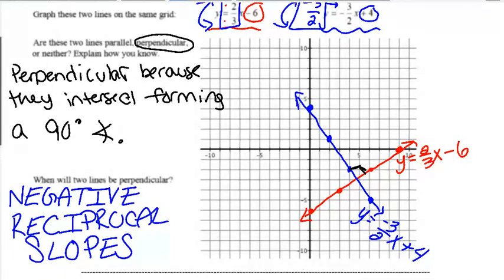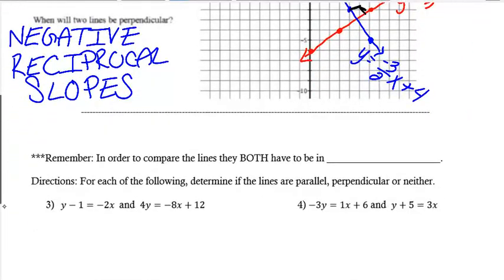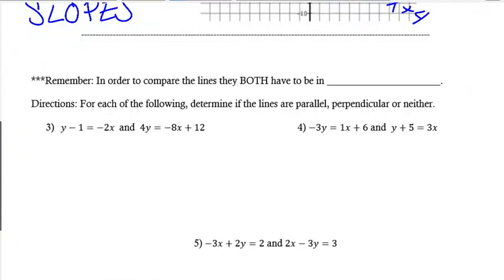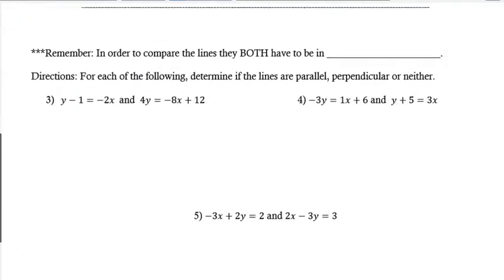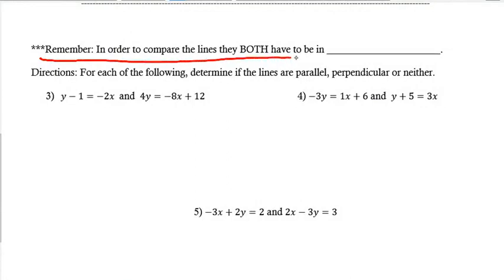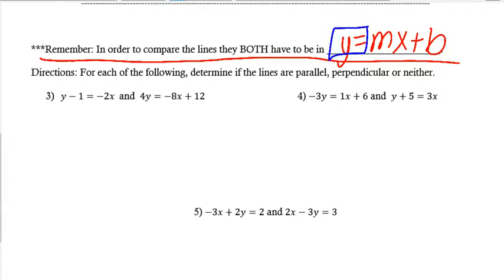So you can do this without graphing, just by looking at the equation. But remember, when you're just looking at the equation, in order to compare, they both need to be in y equals mx plus b. So they both have to say y equals, is how I think of it: get y by itself.